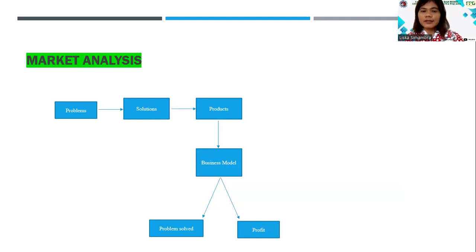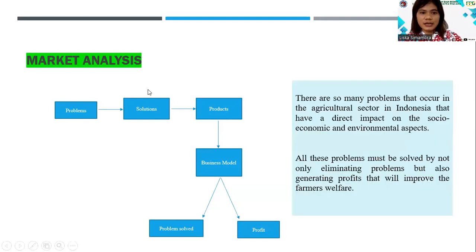First, for market analysis, we see this kind of flow. First, we have a problem, and we identify and formulate that problem, and then it bears solutions and we formulate the solution. Formulating the solution leads us to have products in mind, which can be goods or services.